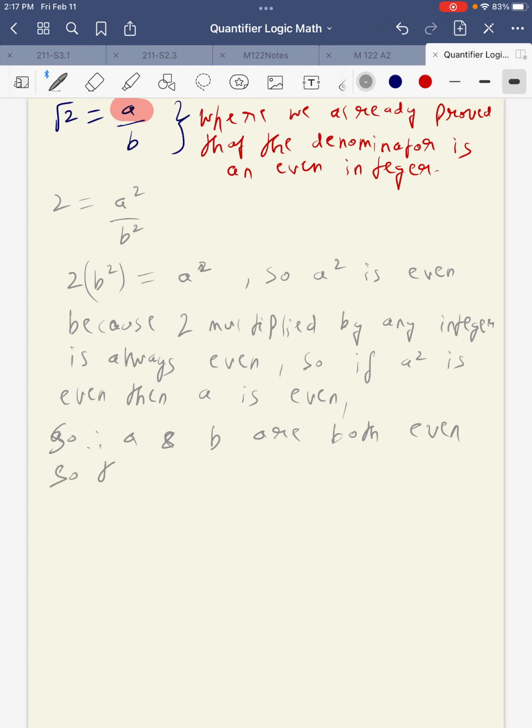So they have a common factor, and we have reached a contradiction.